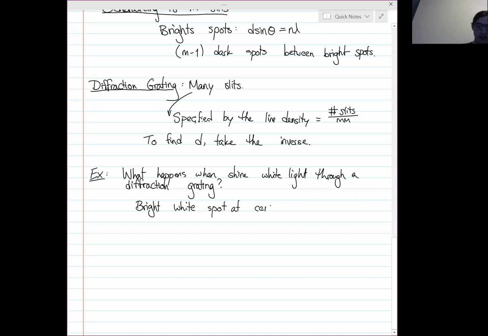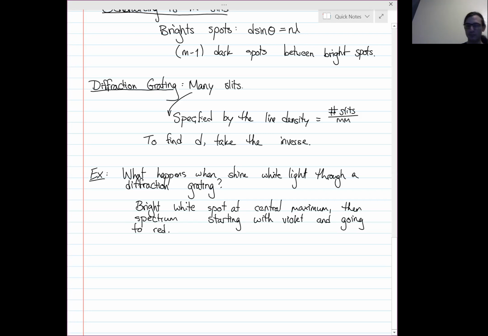And that is the central maximum. And then we saw a spectrum, starting with violet, that was the part closest to the bright white spot, and going to red. This was the rainbow that we saw.